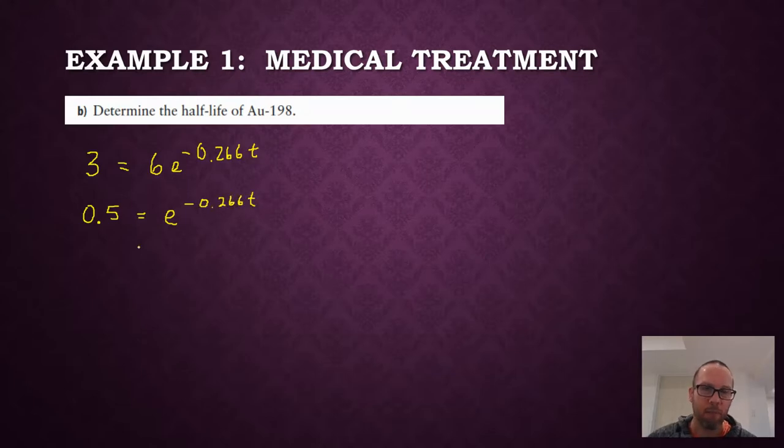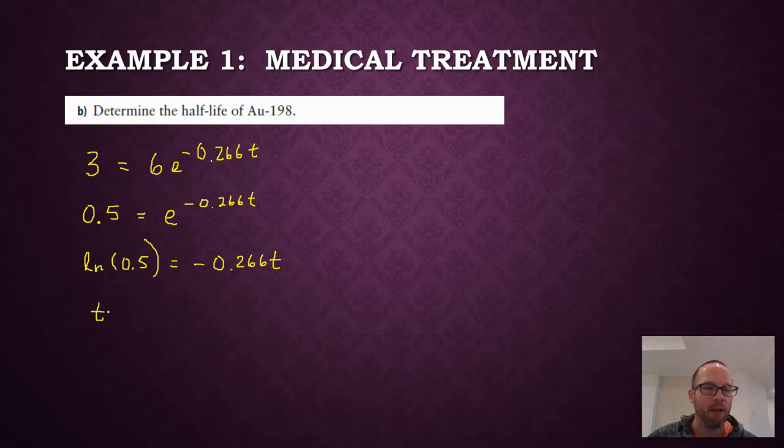Equals negative 0.266t. So at this point, maybe you're comfortable enough to know if you just rewrite that as a logarithm or take the ln of each side, you're going to get the ln of 0.5 equals negative 0.266t. This is just doing what we did in the last question exactly, just shaving off some steps.